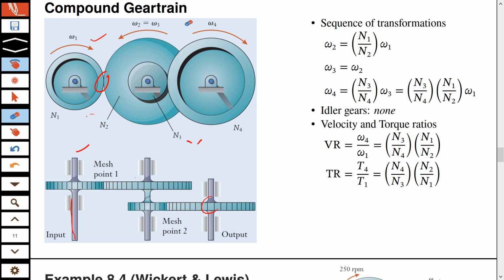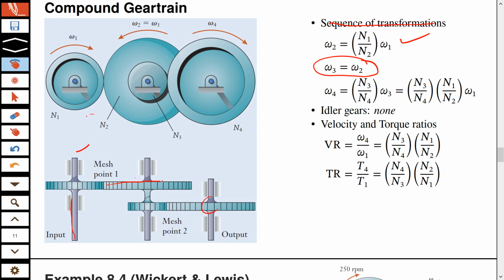Now, what is the consequence of that? If you want to write the transformations, the transformation between omega 1 and omega 2 doesn't change, it's just like before. But the transformation between omega 2 and omega 3 is special. They must be equal. There is no ratio involved. Why?